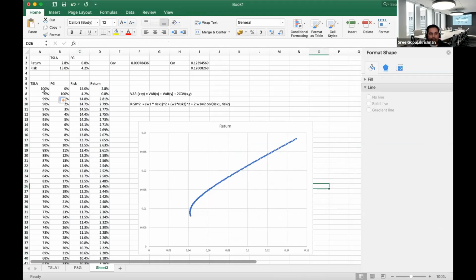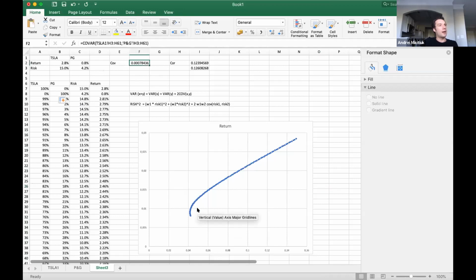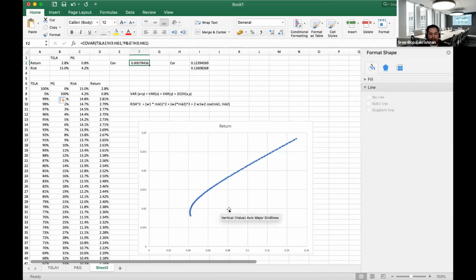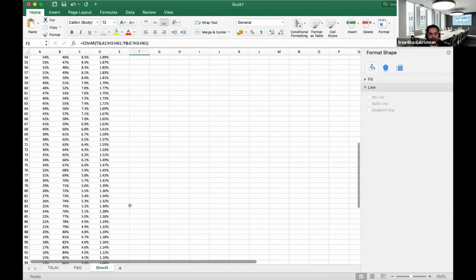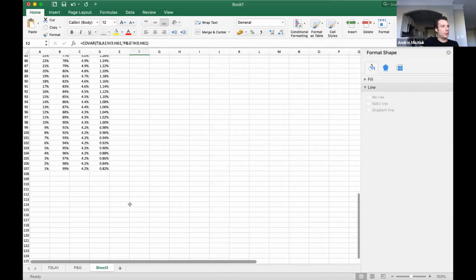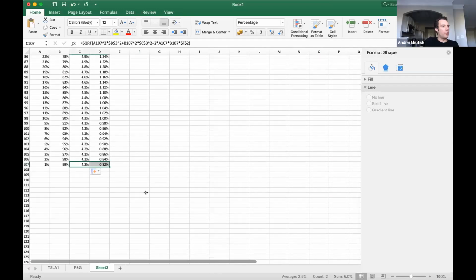But you would see that if those stocks were closer to one another, it would become a little bit more like a bullet. So can you scroll down? Did you get the risk close to 4.2? Okay. Yeah, it's quite close to 4.2.